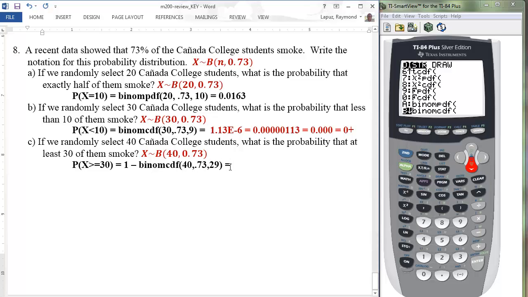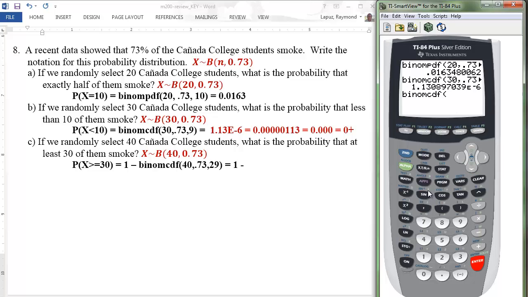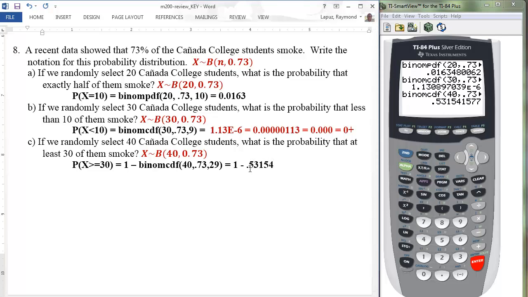Now we could do this all in one step in the calculator, but I think it's important to show what actually happens. So let's take a look at a binom CDF, 40, 0.73 and 29, and this gives us 0.53154.